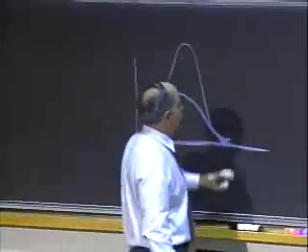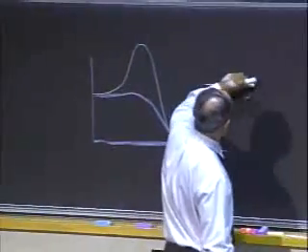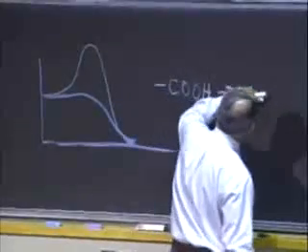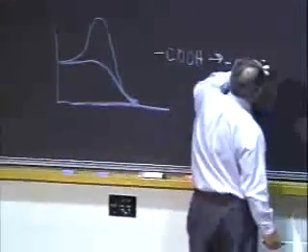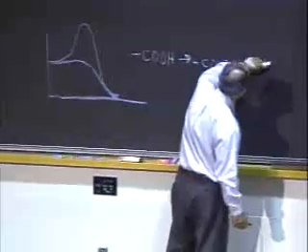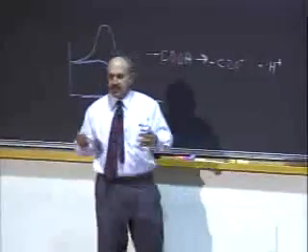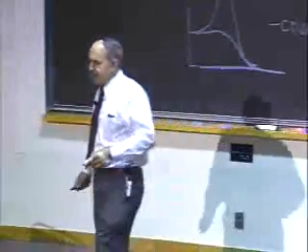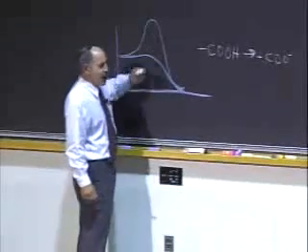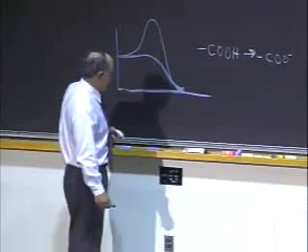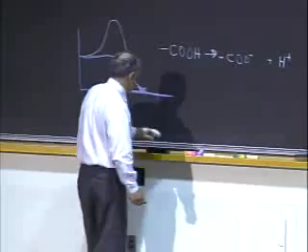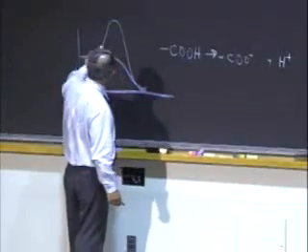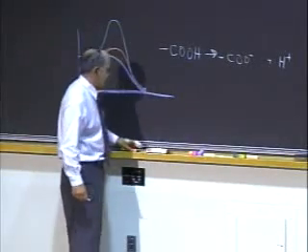For example, let's say we're talking about a carboxyl group which discharges a proton. We've talked about that already. Well, that reaction happens spontaneously at room temperature. It doesn't need an enzyme to make it happen. It can happen because there's essentially no energy of activation. But the great majority of biochemical reactions do have such an activation energy and therefore do require a lowering, like this, in order to take place.